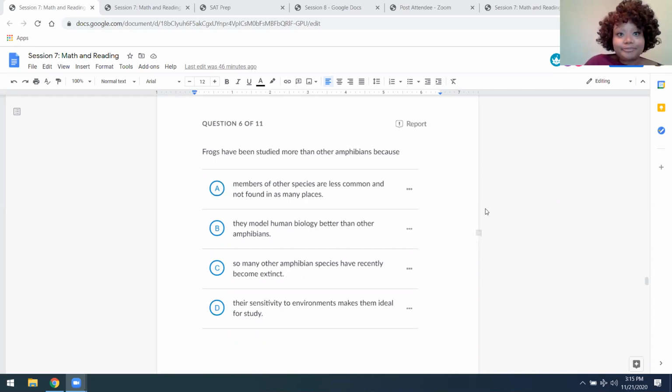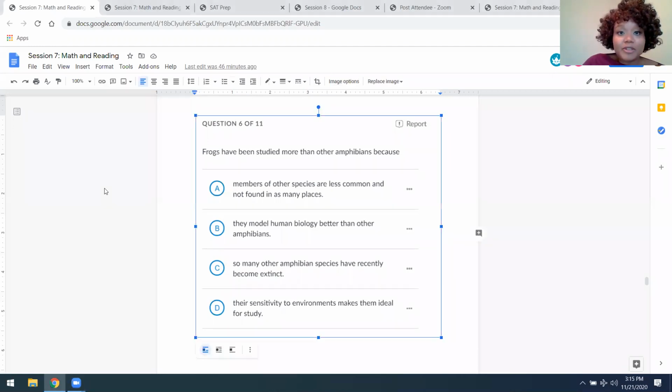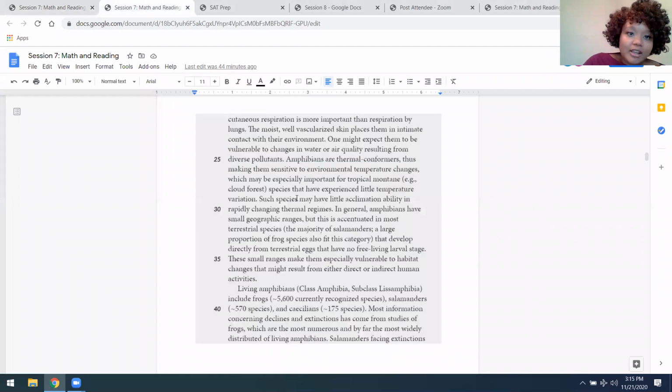Anyway, so number 6. All right, so frogs have been studied more. DM gave us the answer choice A, said it was located in line 40. So let's see. Line 40 is here, and the sentence that starts at line 40 says, most information concerning declines and extinctions has come from studies of frogs, which are the most numerous and by far the most widely distributed of living amphibians.